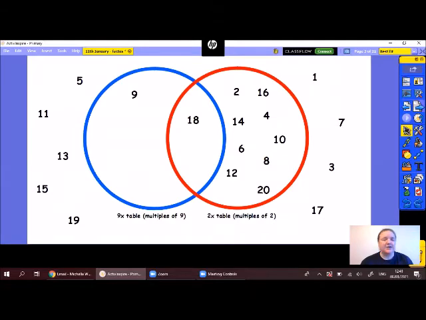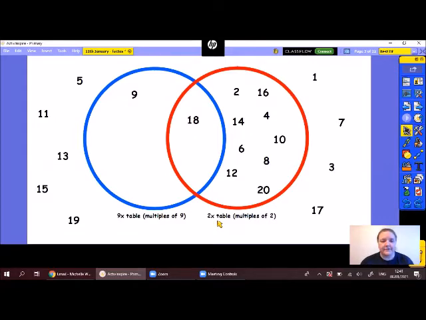Now this links back to lots of other things that we've done in the last week. So the first thing it links to is the Venn diagrams we did all the way back on Tuesday, because here in the blue circle, we were looking for multiples of 9, numbers in the 9 times table, and in the red circle we were looking for multiples of 2, numbers in the 2 times table.